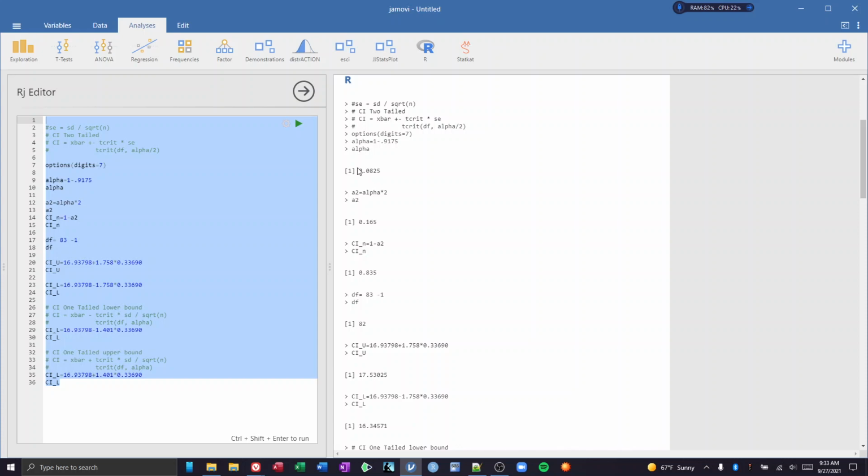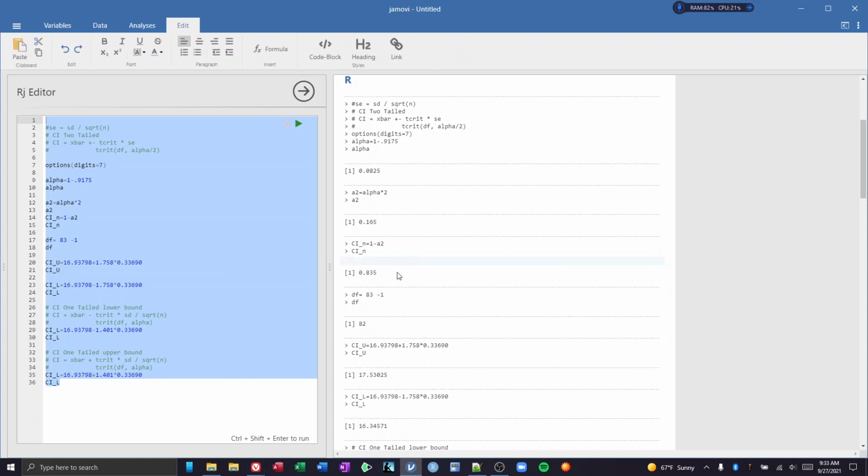Okay, we have our original alpha, which is 0.825. Our new alpha, or alpha times 2, is 0.165. It's just taking alpha times 2. And our confidence interval new is going to be 0.835. Remember this 0.835. It's going to be helpful for us.